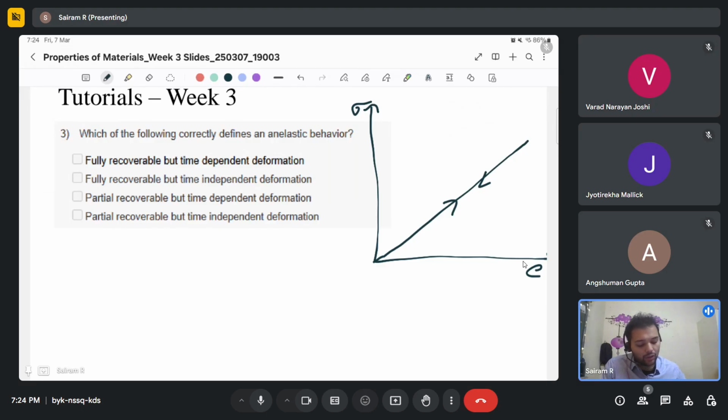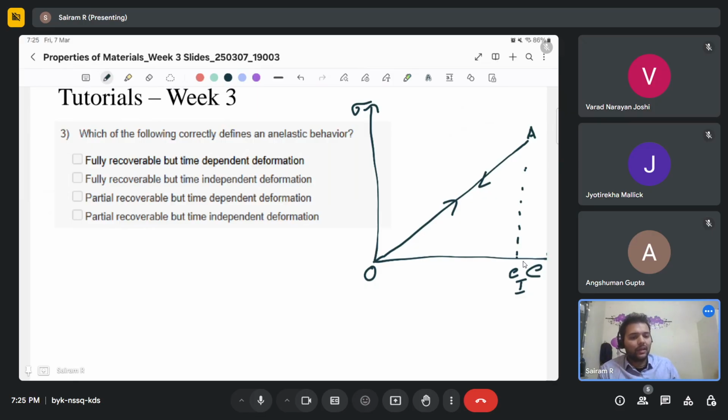This will be the nature of the curve. We increase from zero load, we go to the point A, we stretch it to the elastic limit of point A, which will be EI, the elastic limit, the maximum limit. And then once we release the load at the maximum load that it can withstand within the elastic limit, it comes back again to point zero.